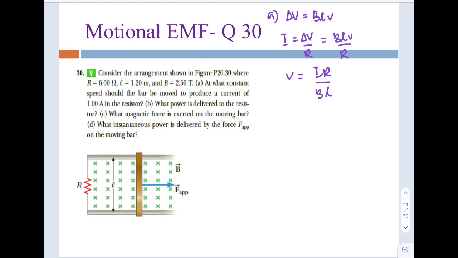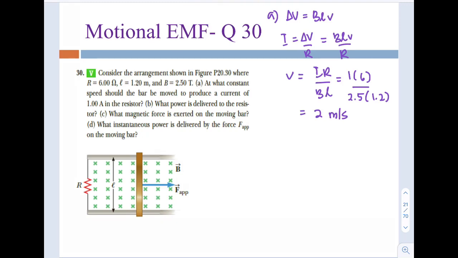Then substitute the values: 1 times 6 ohm over 2.5 times 1.2 meter. So you will get V as 2 meter per second. That is for part A.